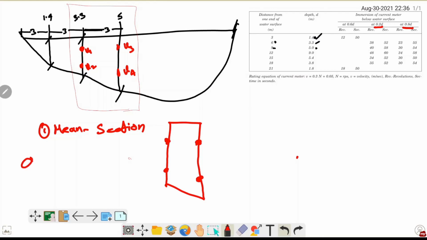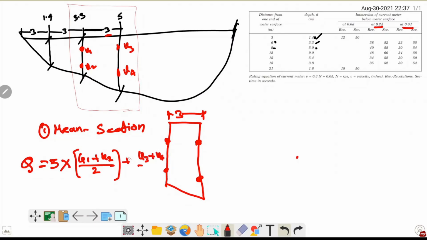So discharge here is going to be, the width is 3, right? 3 multiplied by, first we average the velocity: velocity 1 plus velocity 2 divided by 2, then velocity 3 plus velocity 4 divided by 2. This whole thing has to be divided by 2 because we are going to average everything out.